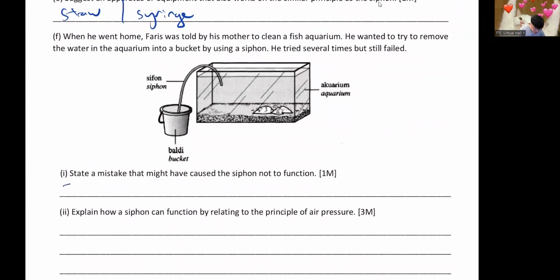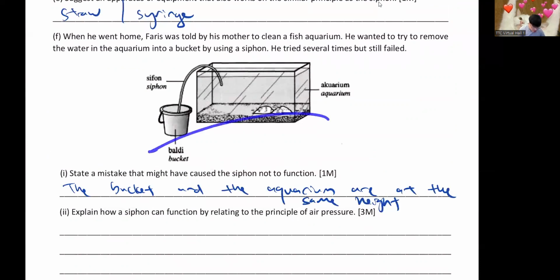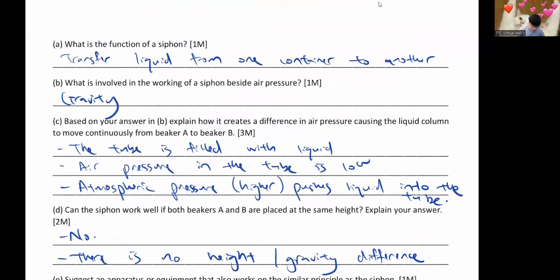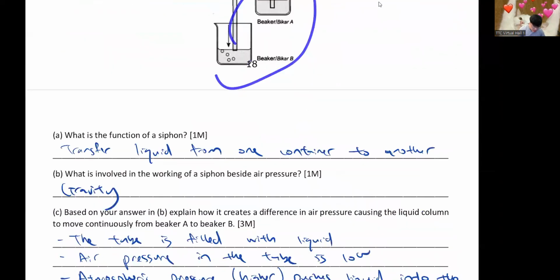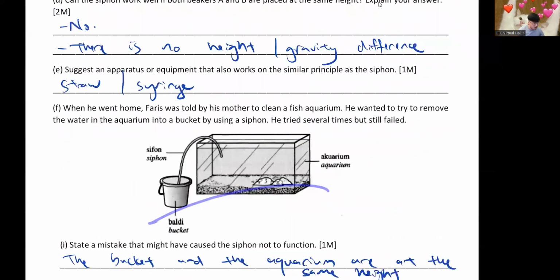You can say the bucket and the aquarium are at the same height. They are the same height, so that's why water can't flow, just like this. So one needs to be higher and one needs to be lower.